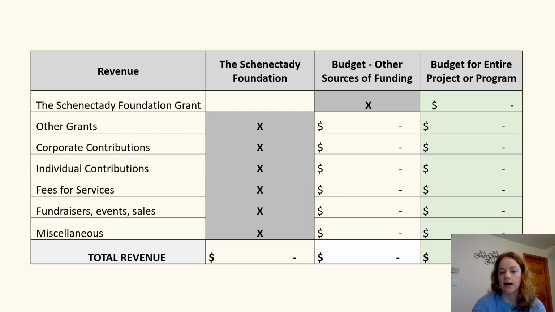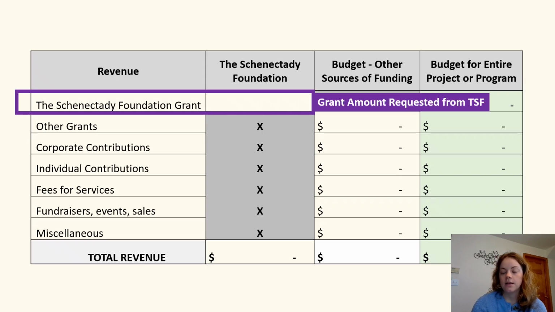Now onto the next column. This is where you'll put all the information about specifically the Schenectady Foundation grant. So as I said, this is where you'll put the grant amount requested, which you will be stating in your application, and you'll just plug that number in right here.